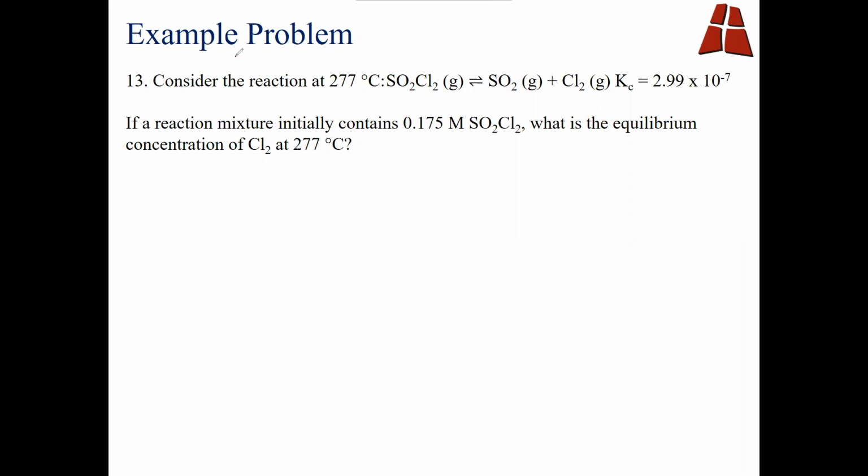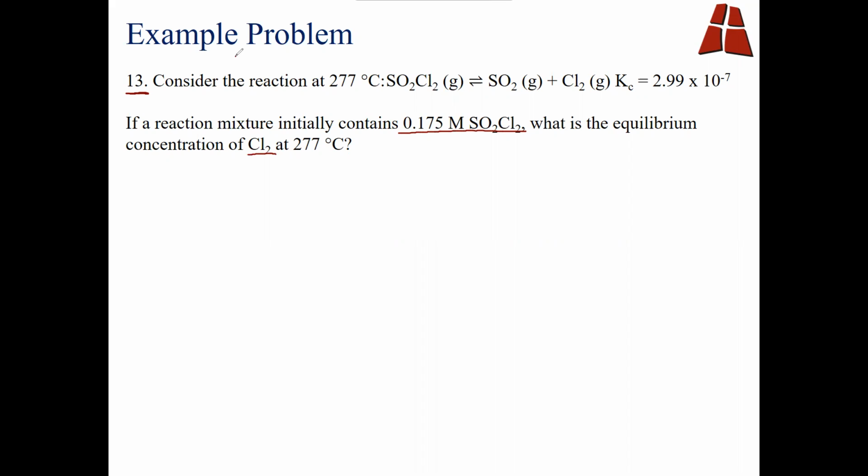If a reaction mixture initially contains 0.175 molar of our reactant, what is our equilibrium concentration of Cl2? I will also point out this is problem number 13 on our chapter 13 in-class worksheet. And so if you would like to solve along in that spot, you of course could.